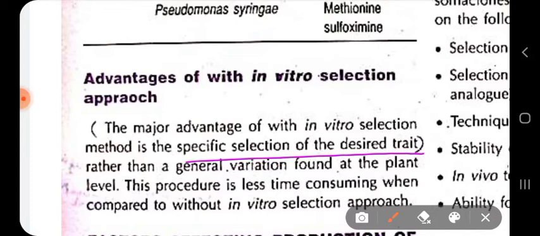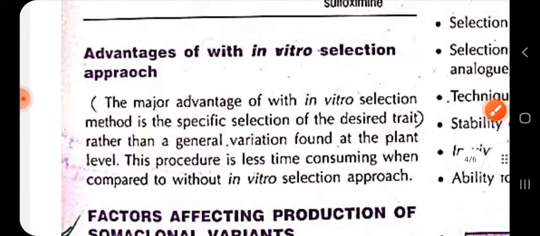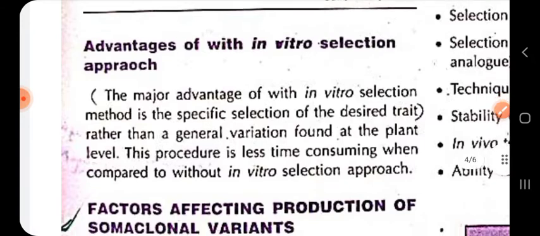But here we are directly using a selection agent for obtaining our desirable plant. This procedure is also less time consuming compared to the without in vitro selection way, and this is the main advantage of in vitro selection. The second is that we are using selective agents for getting specific plants having the desirable traits.